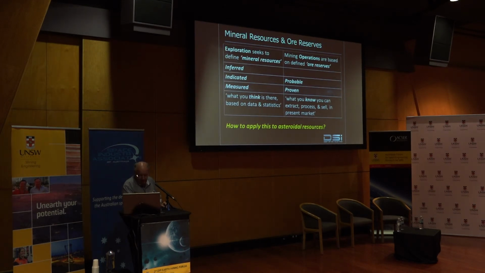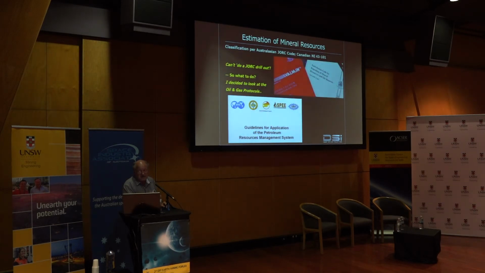I'm jumping around here, but I haven't ordered these slides properly, but obviously I have to get to the point of showing you how we get an inferred mineral resource. Estimation of mineral resources has to be done by mining companies and exploration companies when they front up seeking to raise money on the Australian Stock Exchange or the Canadian Stock Exchange.